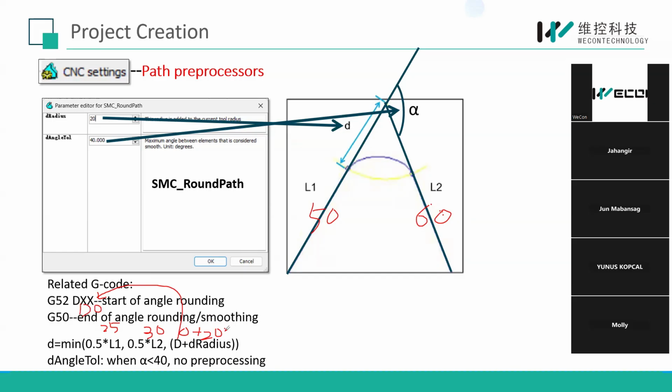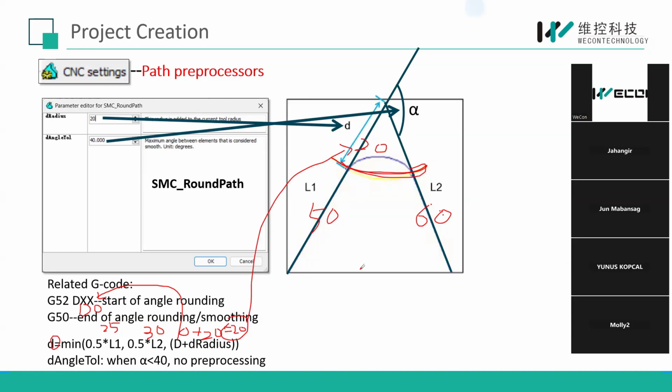So this is 20. And the length of D will be the smaller value among these three. And the 20 is the smaller one. So here, the radius of this curve will be 20.